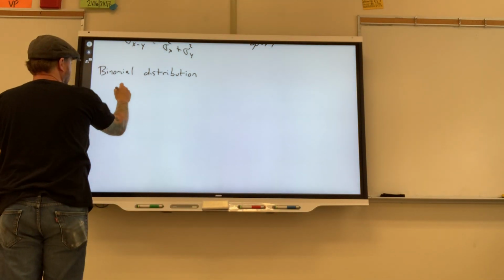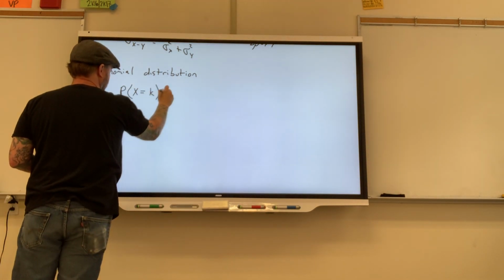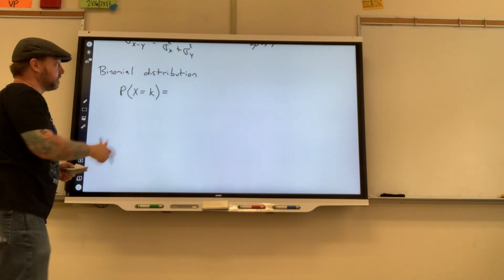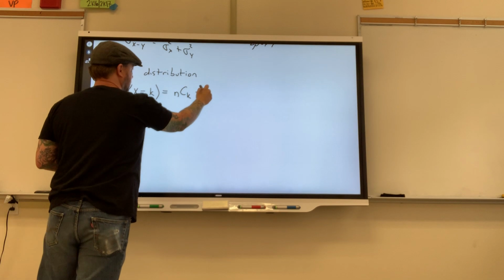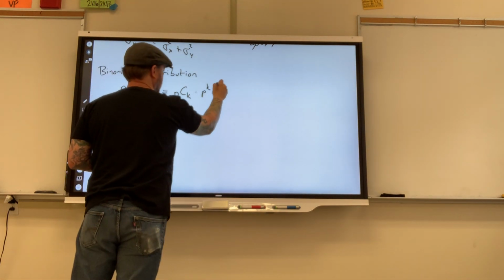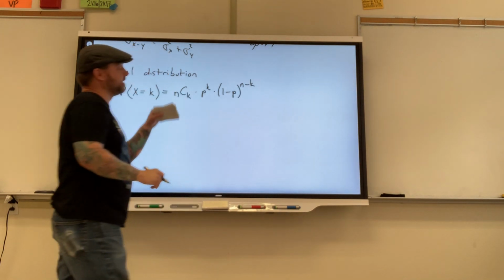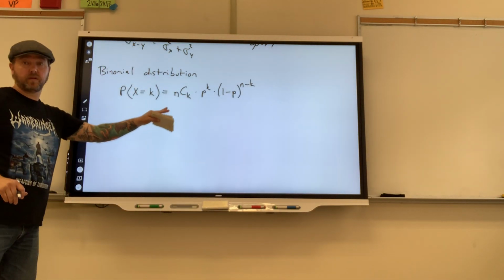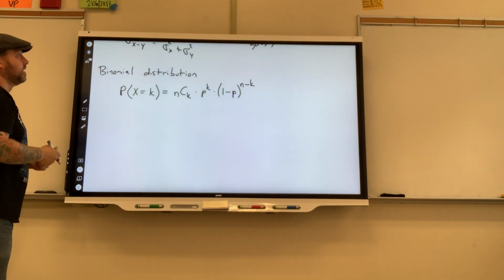The probability that x equals k is that. This is on your formula sheet. You don't have to worry about memorizing it, which is nice because it's a lot, okay?